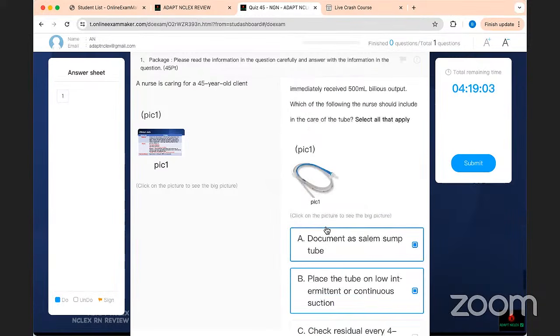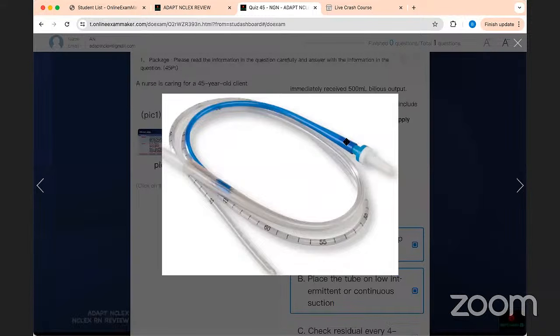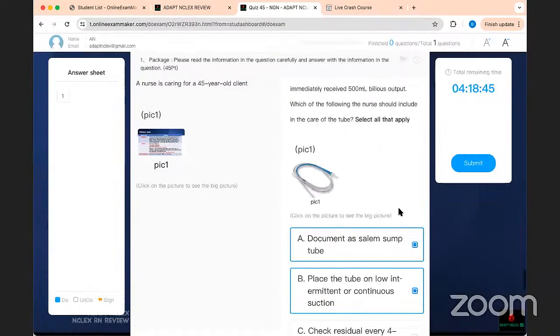That is why it's called a Salem sump. There should be no blue cap. You need to take it out. I know nurses try to put the cap there so that fluid does not leak. But when you cover it, there's no air going in, so it does not act like a Salem sump. It's not whistling. Therefore, this is a wrong answer.